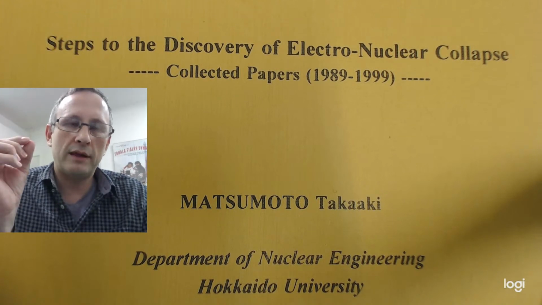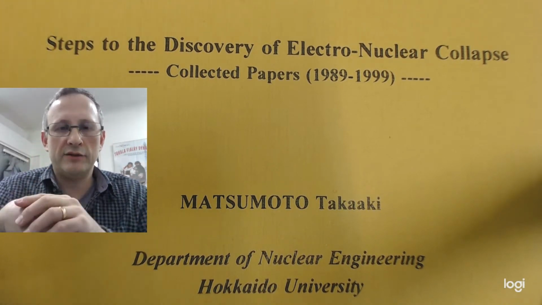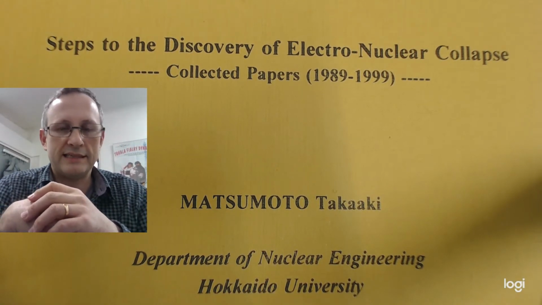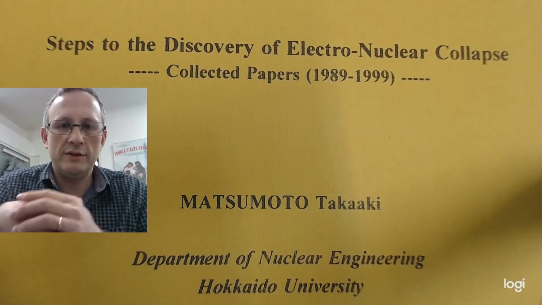And so it's important that these things are made public. And it dawned on me that there's probably so much important insight that Takaaki Matsumoto had seen that is not in the public domain, that could we find a way to get this out.